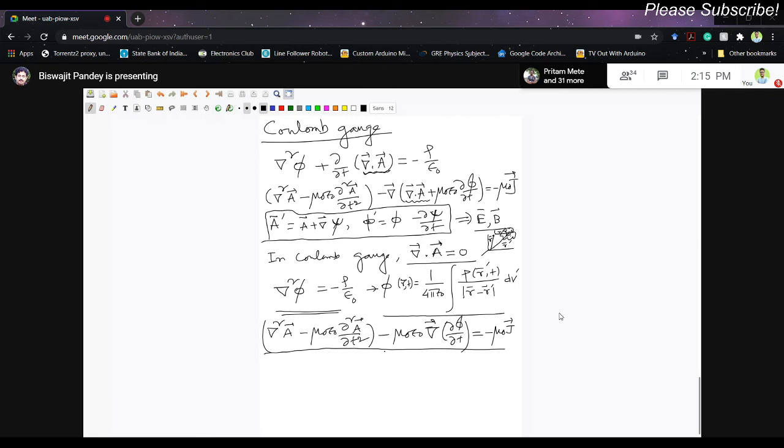Further, there is another disadvantage of the Coulomb gauge. It is straightforward to see that this violates causality, because this solution tells you that if you alter the charge density by some means, it will instantaneously affect the scalar potential, and via the scalar potential it can also affect the electric field.